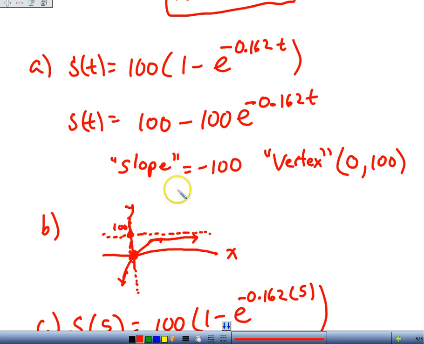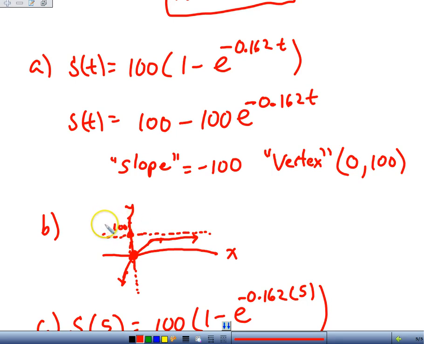Now this one, we have to flip the regular exponential. We got to flip it down because the slope is negative. The quote-unquote slope is negative. But that's not enough. The exponent is also negative. So we're actually going to flip it twice.